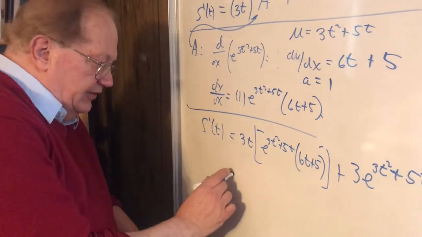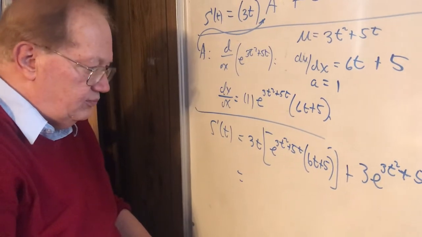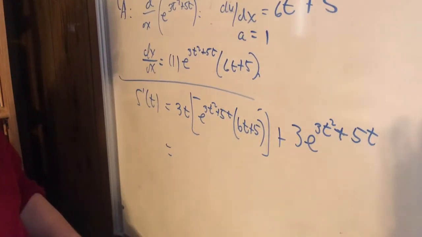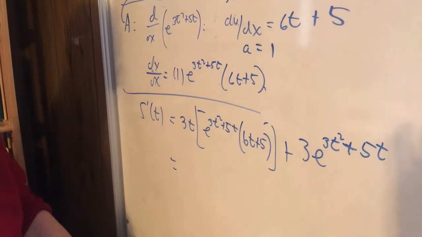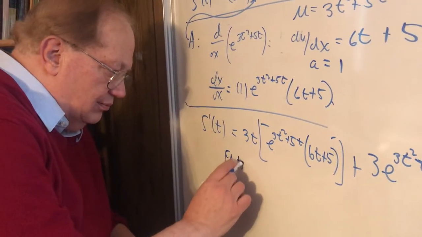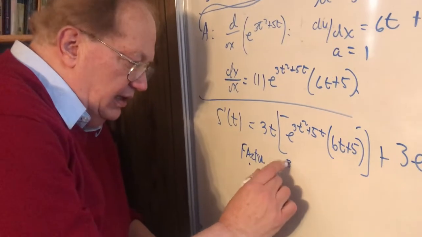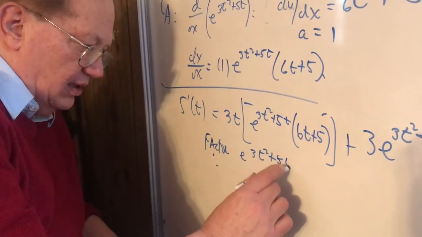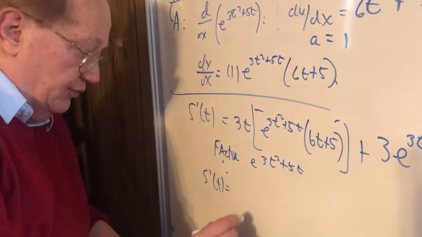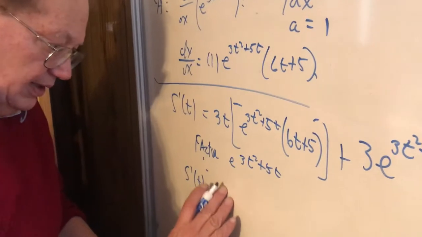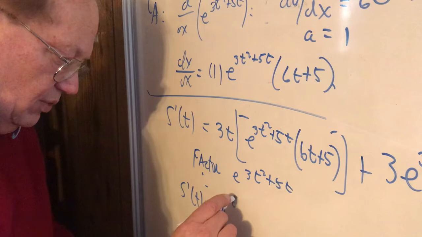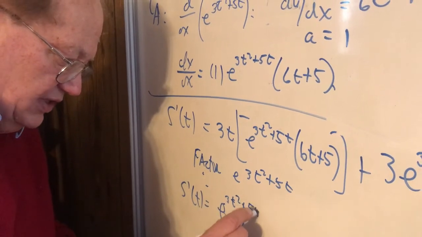All right, so let's see what we have here. Well, what do we have common to this? Can I factor out the e to the 3t squared plus 5t? It's common to both. So let's factor e to the 3t squared plus 5t. So S prime of t is going to equal e to the 3t squared plus 5t, that's outside.